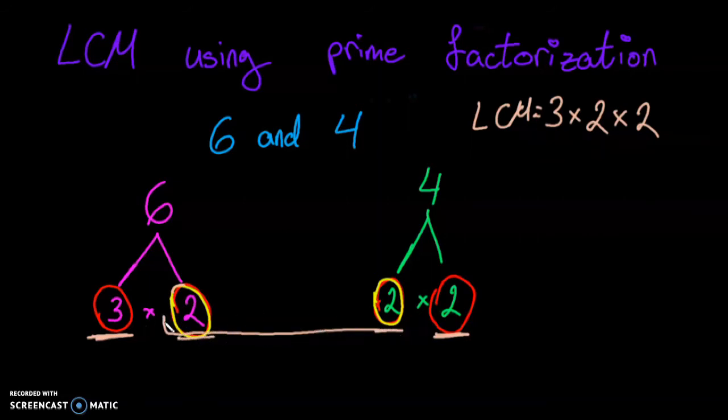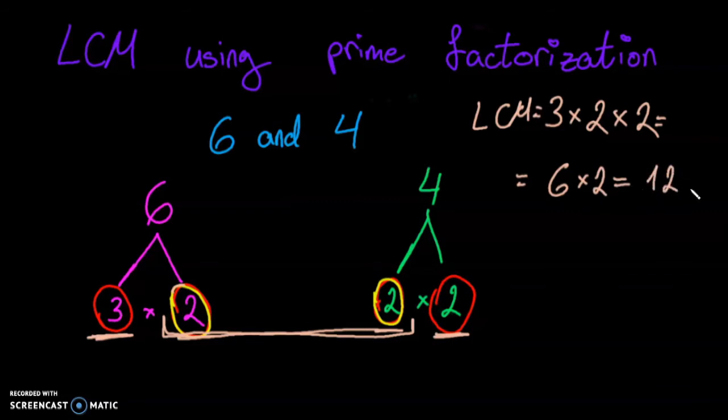These are one number. So 3 times 2 times 2, or 6 times 2, which is 12. And we got the same answer with the other method.